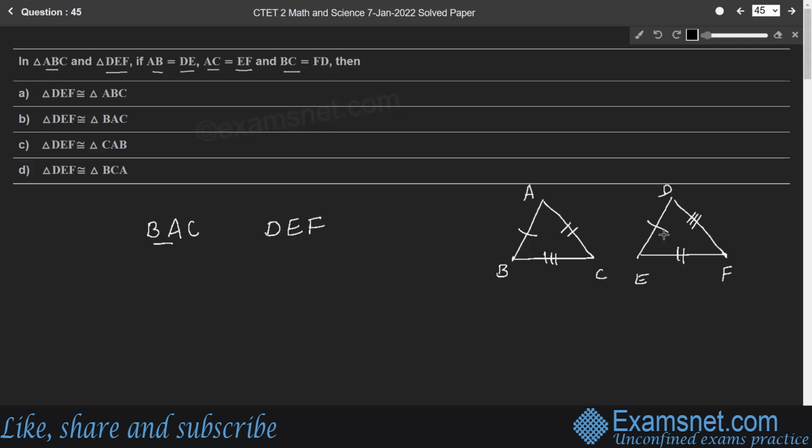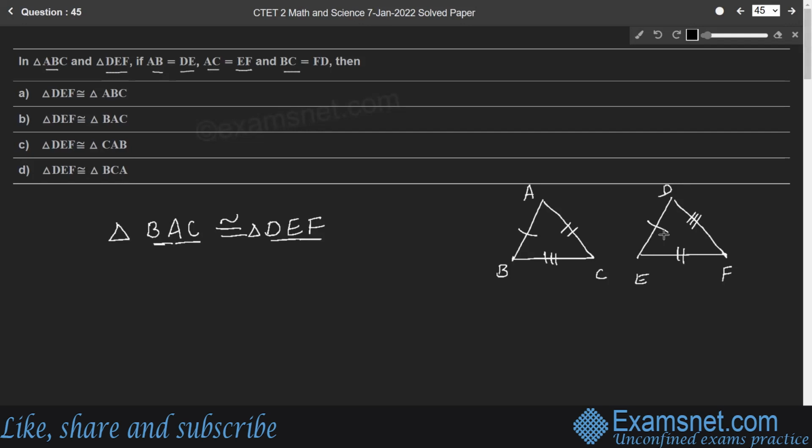So if we write the triangle in this order, BAC, triangle BAC is congruent to triangle DEF, in that the first two letters BA is equal to DE here, right? So BA and AB are same. AB is equal to DE. So the one condition is satisfied. And last two letters AC is equal to EF.